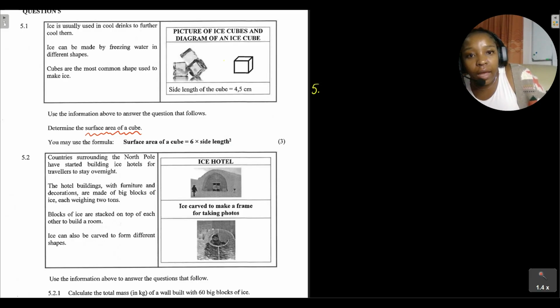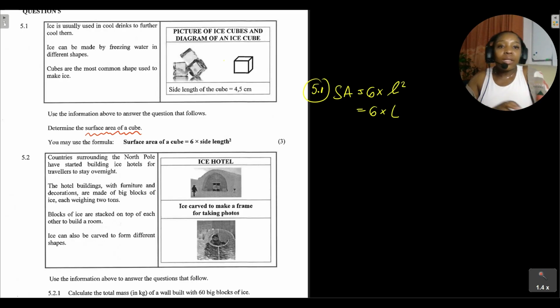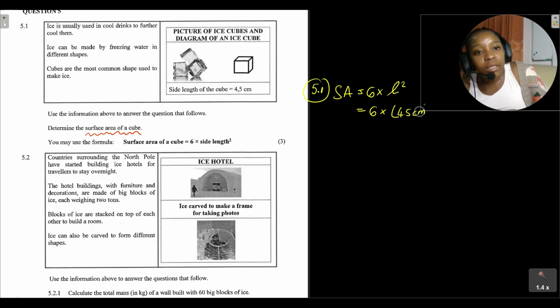Question 5.1. To calculate the surface area of a cube is going to be 6 multiplied by side length squared. I'm going to say length squared. So then it's going to be 6 multiplied by, what's the length of one side? It's 4.5 centimeters, all squared.